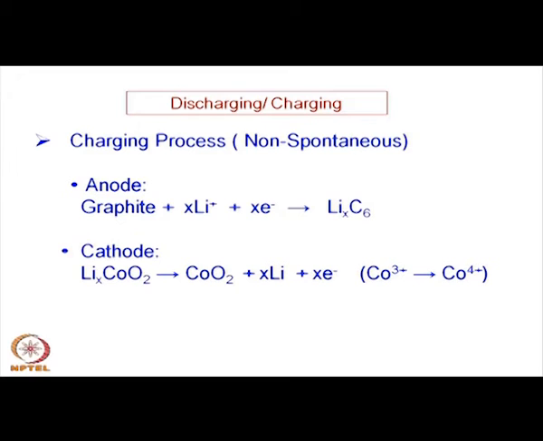Only when lithium comes in and there is an exchange of electron between the lithium and the cobalt, the cobalt gets changed from a trivalent state to a tetravalent state. Depending on the number of electrons, more and more cobalt ion will convert itself to a higher valence state species. So, that is the charging.